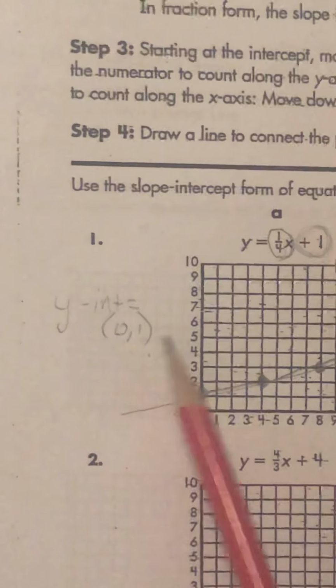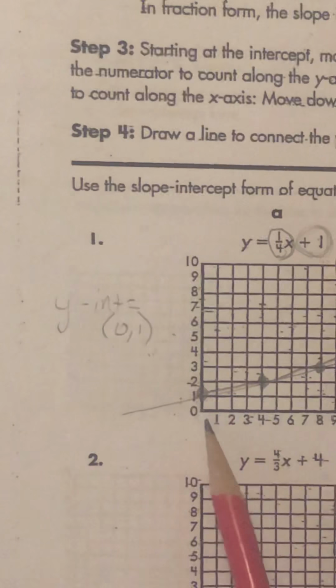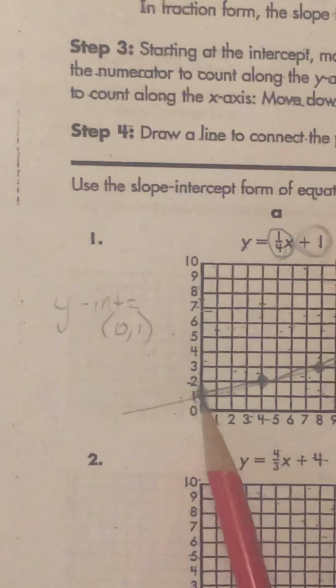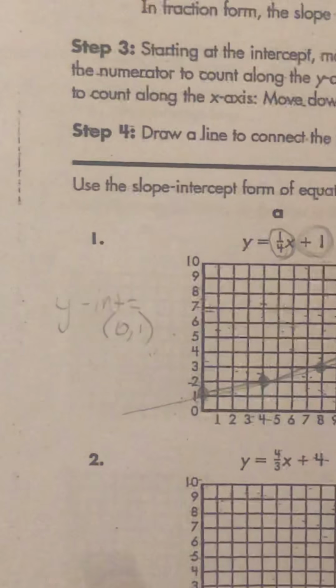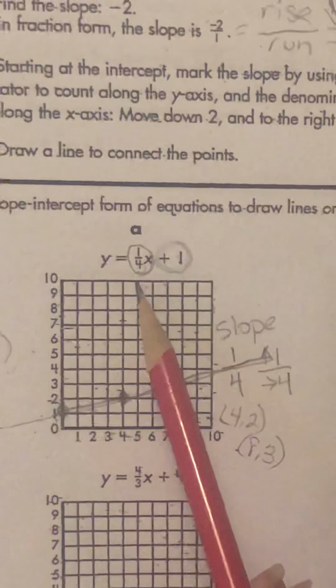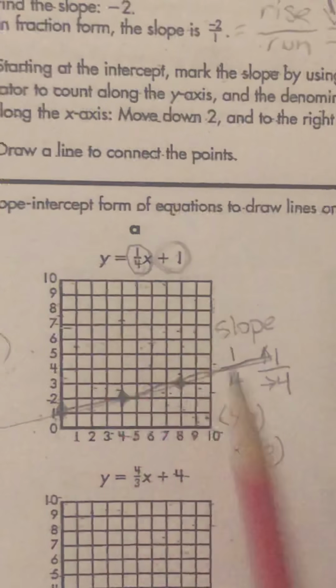When x is 0, y is positive 1, and that allows me to find that point on the graph. When x is 0, y is positive 1. That is always your starting point, always. From there, I can follow my slope. My slope is written in my rise over run. So I go up 1 over 4.